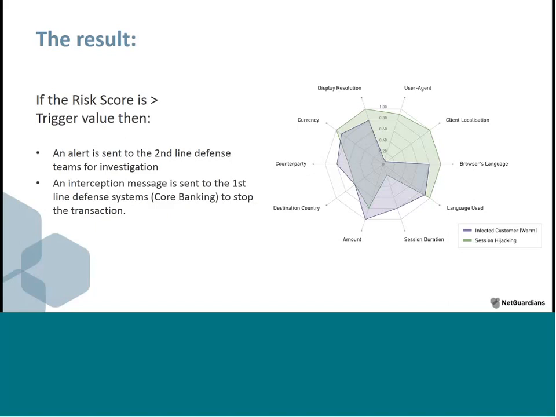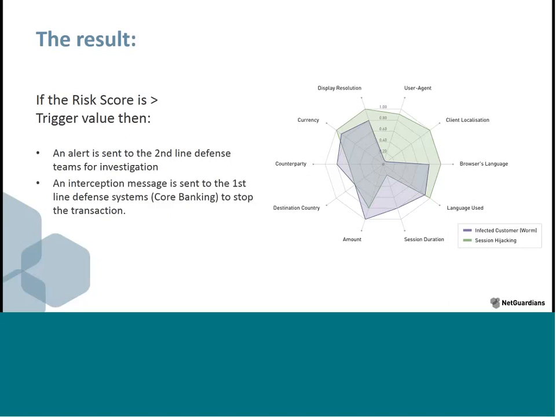So if the fraud ring is able to, for example, conduct man-in-the-middle attacks and hijack a session, they might not be in a position to know some of this private identifiable information belonging to the customer, and that's the point at which the fraudster will not be able to complete the transaction. But that can only come through understanding the behavior of that particular customer, because once the session is hijacked, the credentials will look okay to the bank.